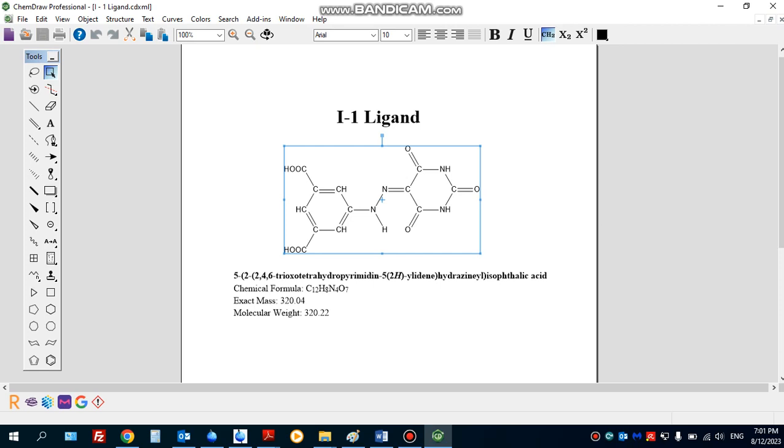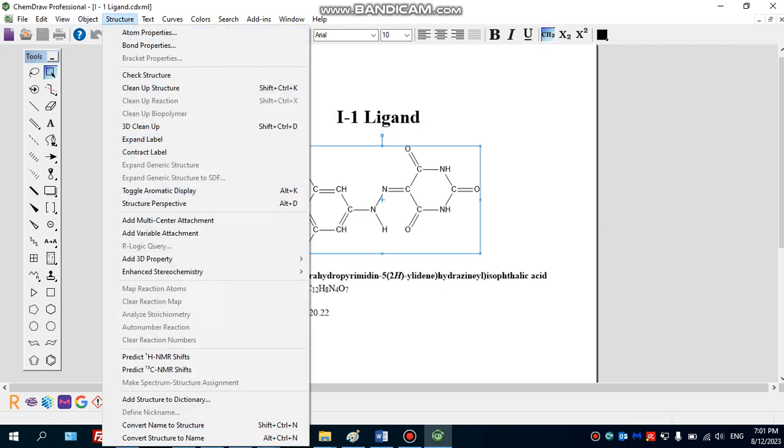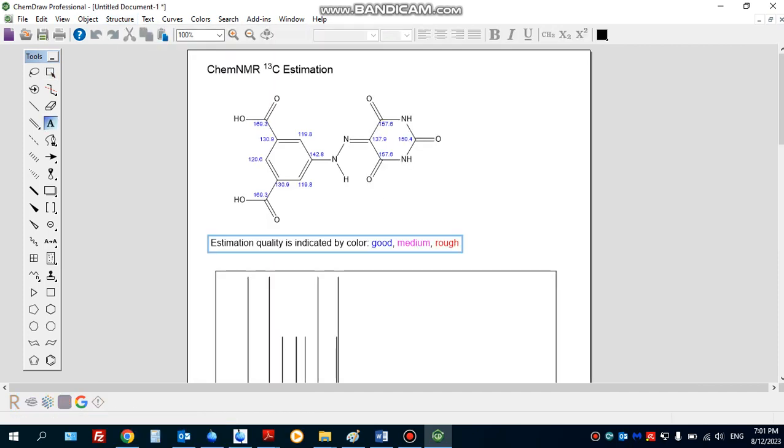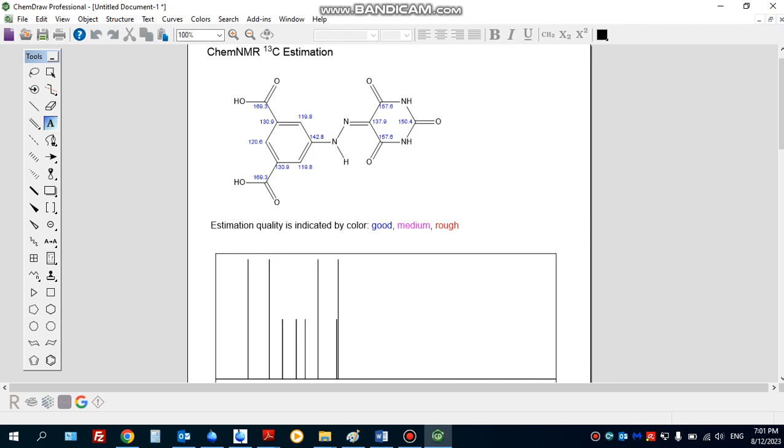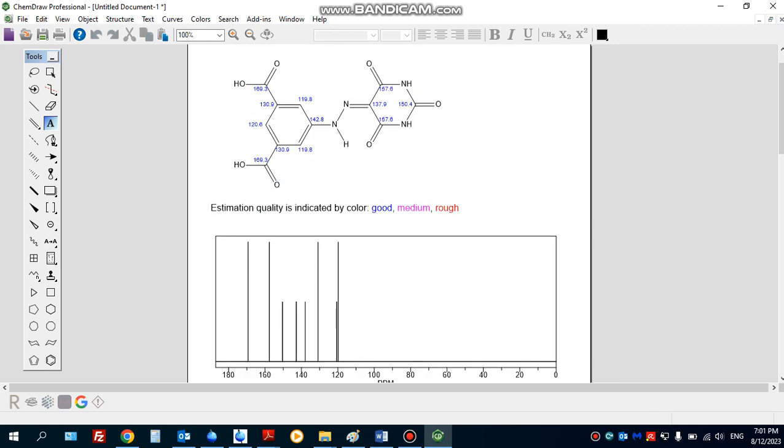From here we can see that we have 8 quaternary carbon atoms and 3 primary carbon atoms which are attached to protons, and all the others are without protons. So using this software, we predict the structure and it gives us the predicted carbon spectra. Before measuring with the instruments, it's always good to use this software. It gives us some idea regarding the structure.